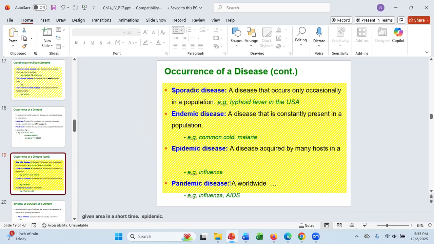An epidemic is a disease acquired by many hosts in a given short area in a short period of time. An epidemic is usually one continent. It might only be one area of one continent. For example, in 2019, COVID-19 first made its appearance in China, and it was an epidemic in China.